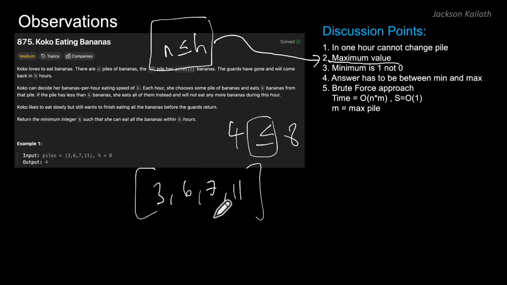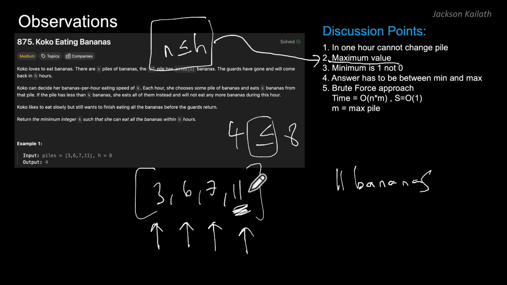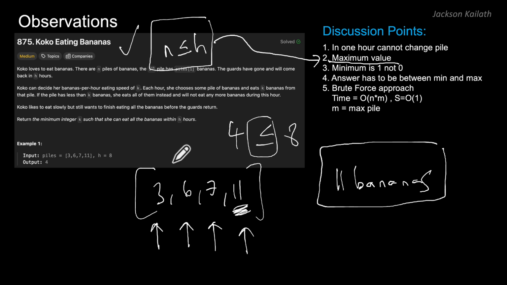Now in this scenario, notice that if she eats in 1 hour 11 bananas, which is the maximum value in the piles array which is given, so if she does that, okay, then in every hour she would definitely be completing 1 pile, and because the number of piles is less than or equal to the number of hours, therefore if she eats bananas at a rate which is the highest value in the piles array which is given to us, definitely she would be completing all the bananas in h hours.